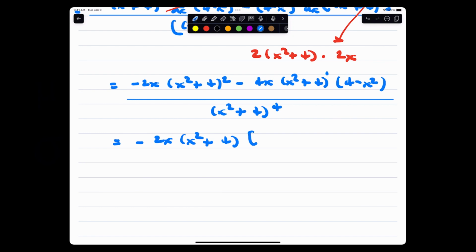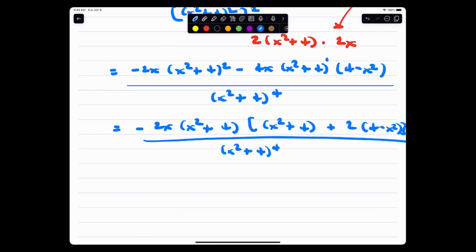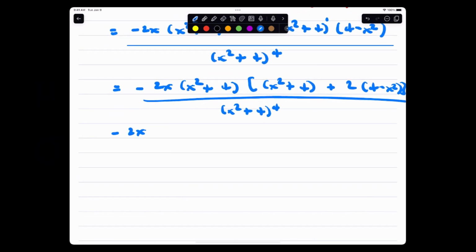It looks like what you have left is (x squared plus 4) plus 2 times (4 minus x squared) over (x squared plus 4) to the 4th power. Let me double check. Okay, it looks okay. So I still have that negative 2x times (x squared plus 4) now. I'm going to do some algebra here and simplify. That's plus 8 minus 2x squared.